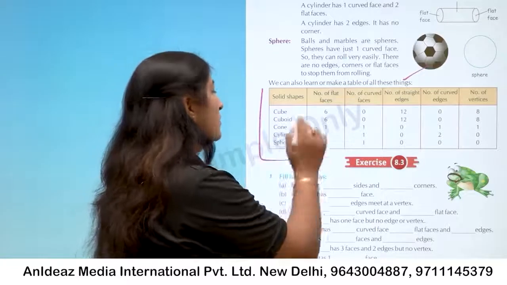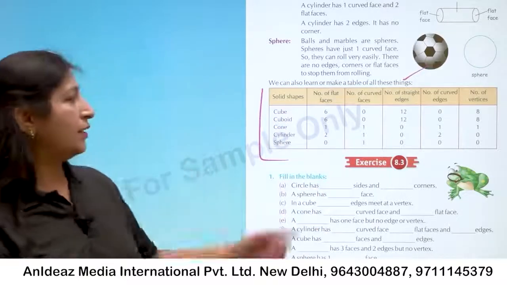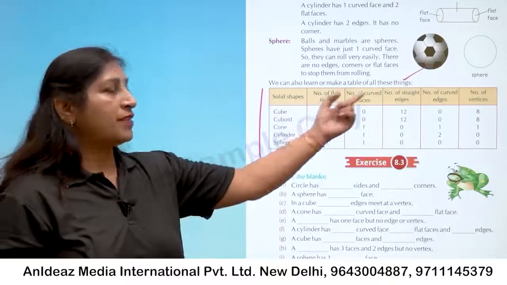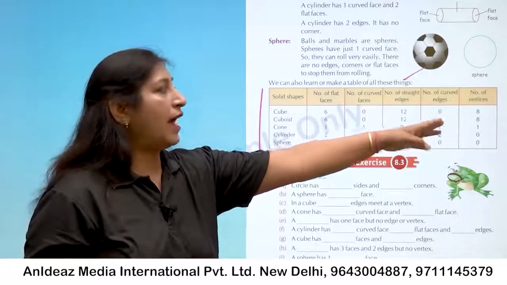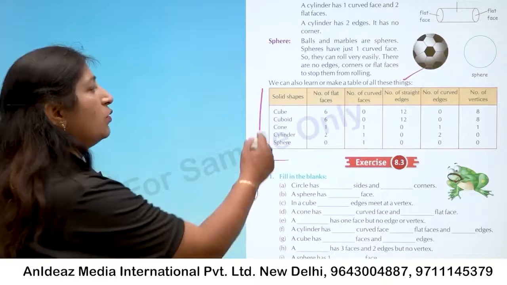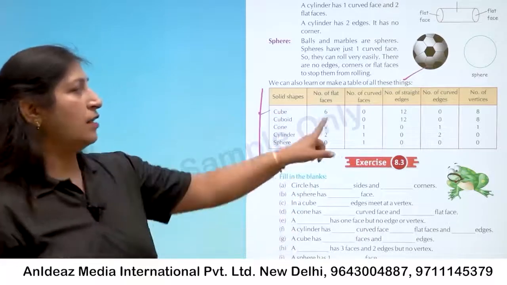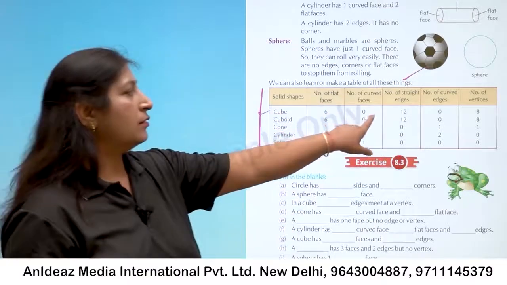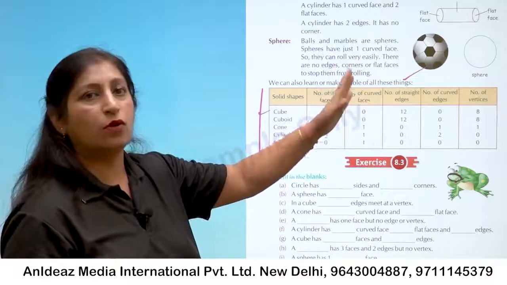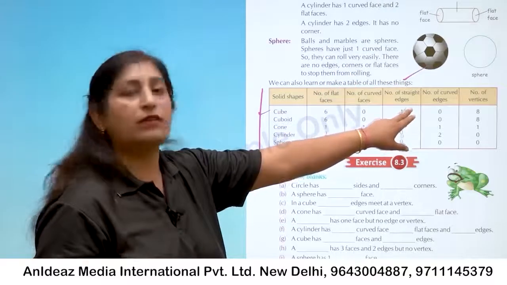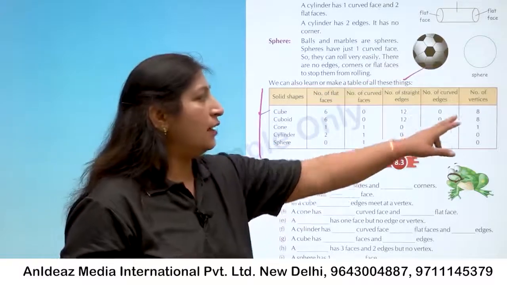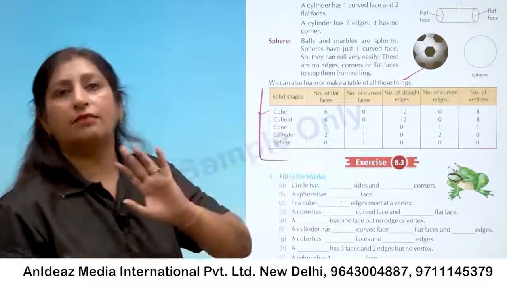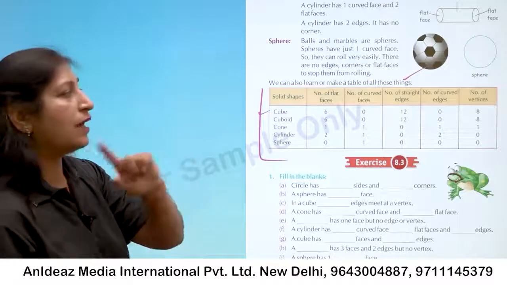So this is a table in which we have tabulated the number of flat faces, curved faces, number of straight edges, number of curved edges and number of vertices. So let's revise it. A cube has 6 flat faces, 0 curved faces, which means it has no curved face, and 12 straight edges, 0 curved edges, and the number of vertices, which means the number of corners, is 8.